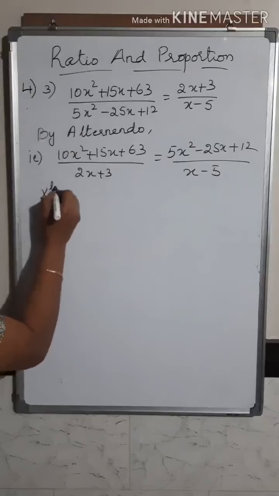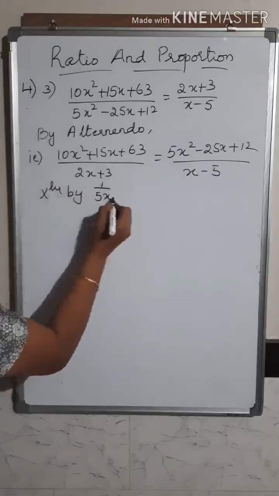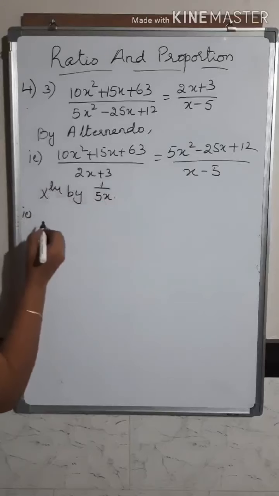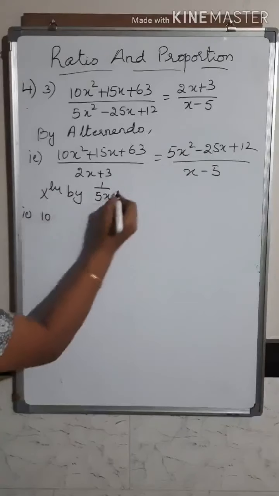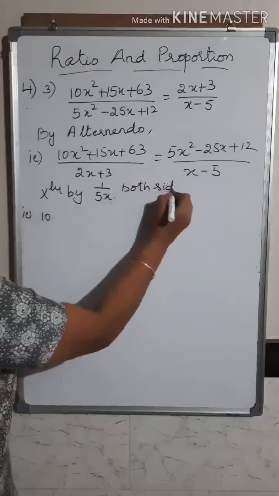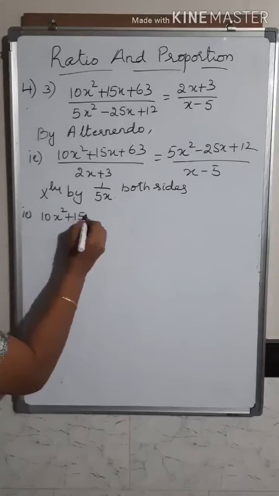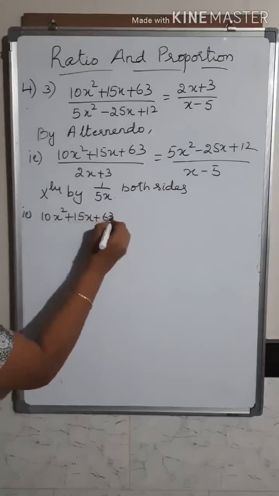Multiply by 1 upon 5x on both sides. So what you get? 10x square plus 15x plus 63.